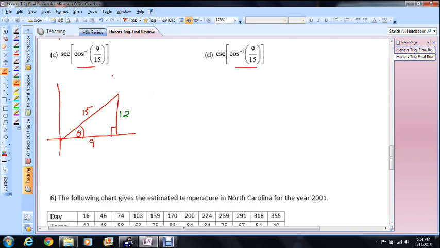So what do we want? We want the secant of theta, which is the reciprocal of cosine. So really that just means we're flipping the cosine value upside down. So this is the more formal way of writing it.